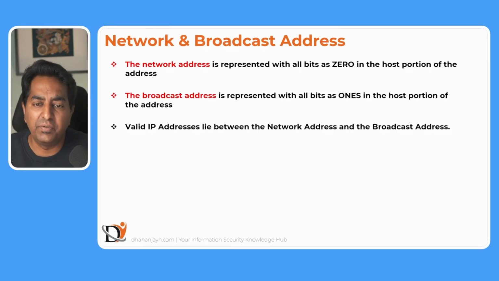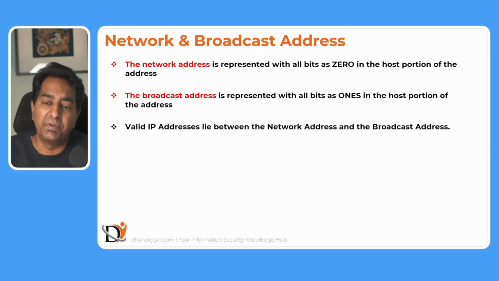Friends, the network address is represented with all bits as 0 in the host portion of the address, and the broadcast address is represented with all bits as ones in the host portion of the address. And the valid IP addresses lie between the network address and the broadcast address.